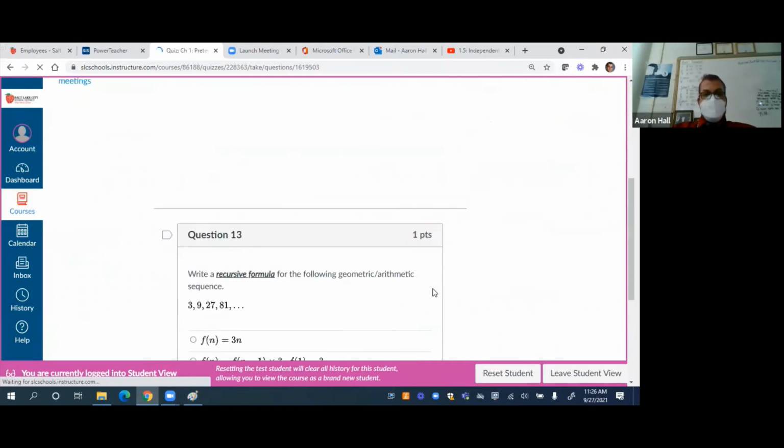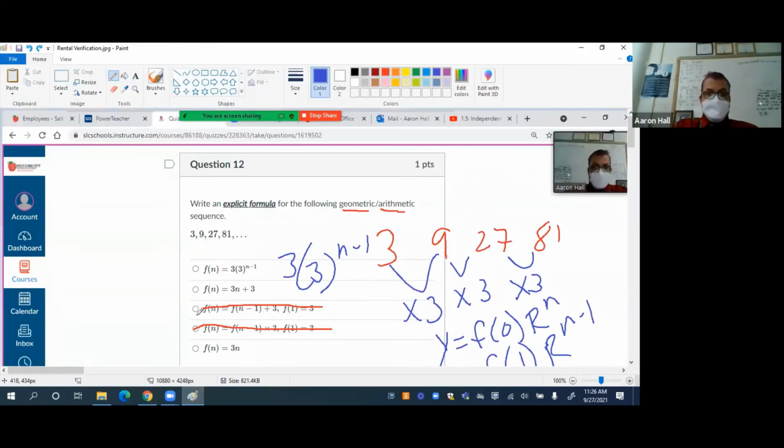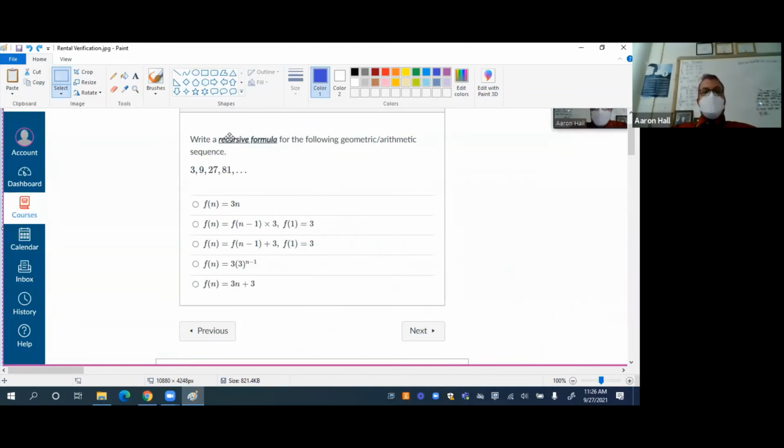Okay, number 13. We have this mess here. Right, it says recursive, which means I can rule out which ones. Yeah, those are explicit. So it's either just two possible answers. Which one is it? It's the second one.